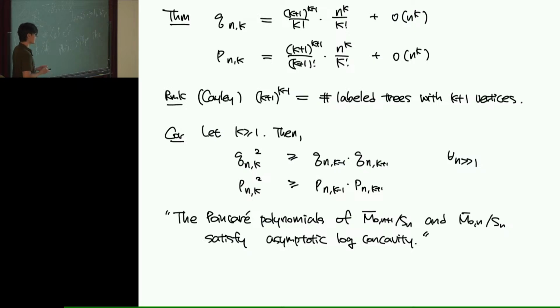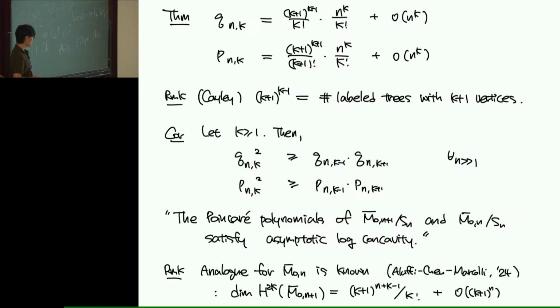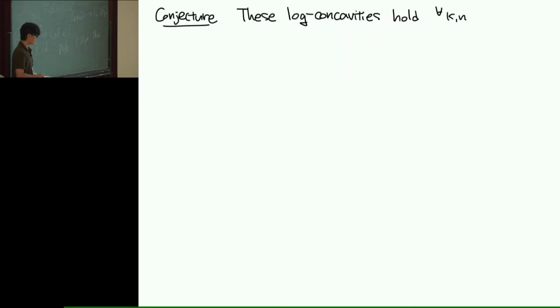In geometric terms, we can say that the Poincare polynomials of these two quotients satisfy log concavity in an asymptotic sense. The analog for M0n, before taking the quotient, is already known by the work of Aluffi, Chen, and Marcolli. There is an easy inductive formula for the Betti numbers of this space.